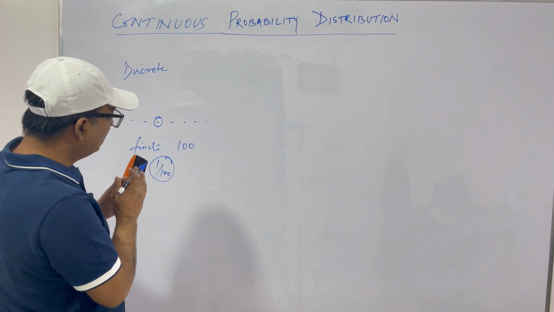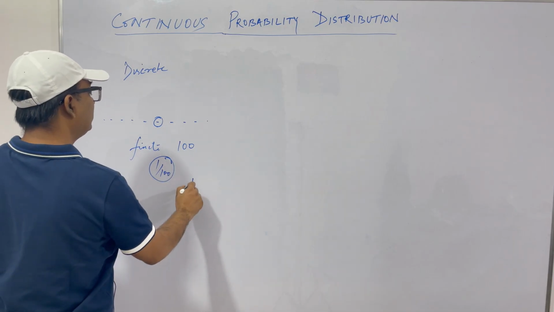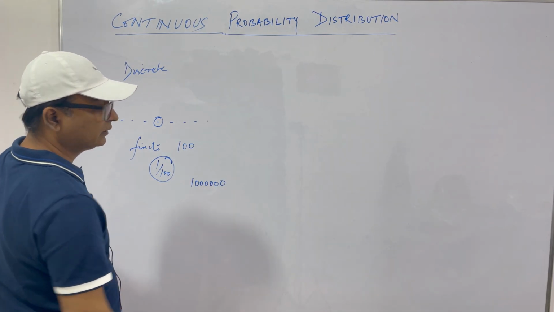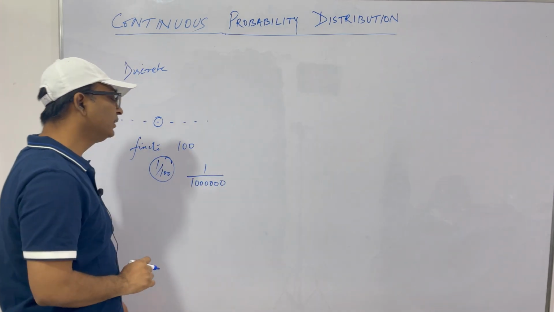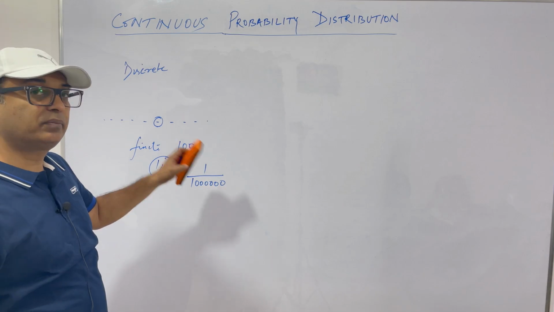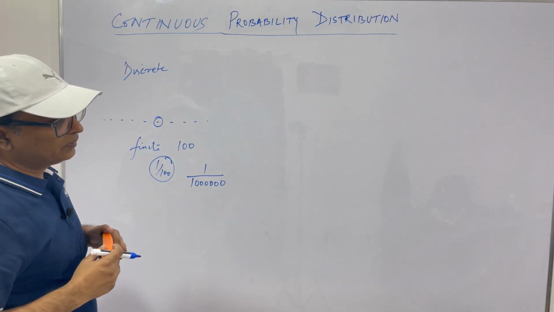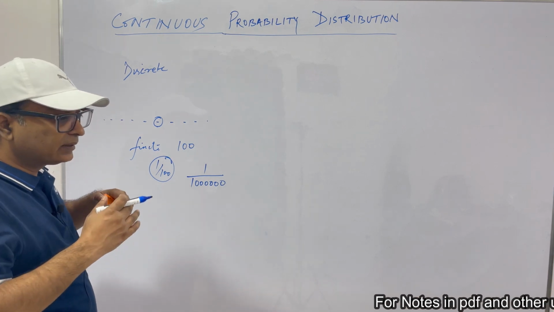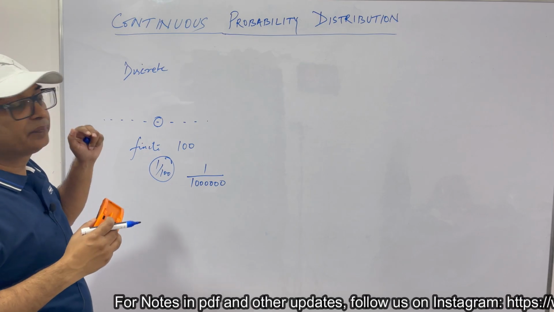But if we have 1 million values, then the probability will be 1 by 10 to the power minus 6. So as the number of values that the random variable takes increases, the value of probability becomes lower and lower.